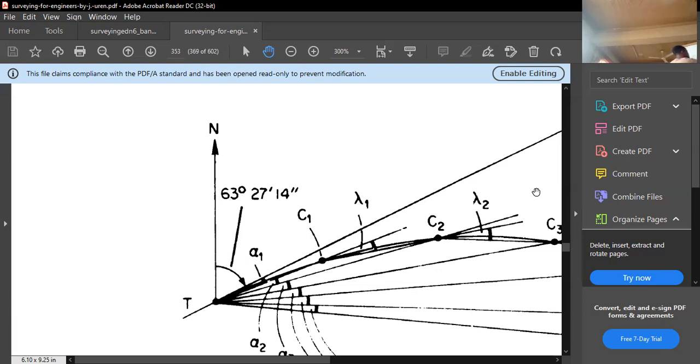Because it's curving, how much has it changed? That is lambda 1. Meanwhile, alpha is the angular distance between the first direction to this point, and then that one.